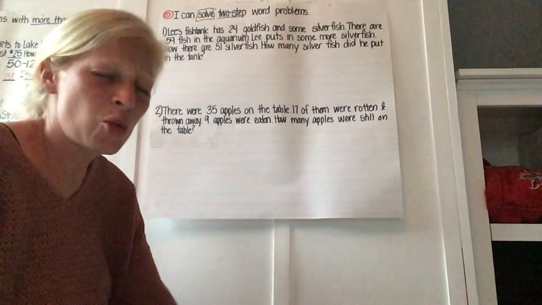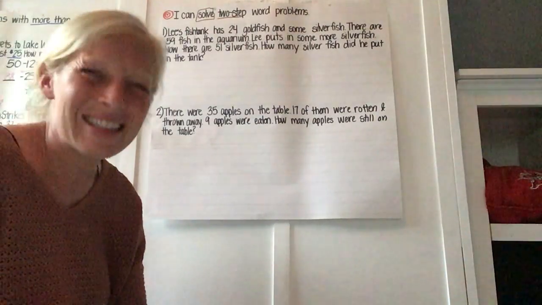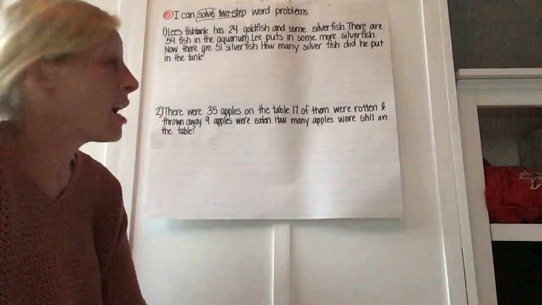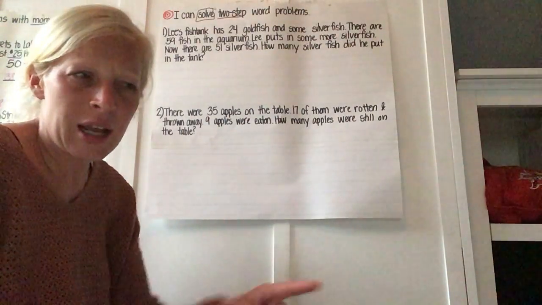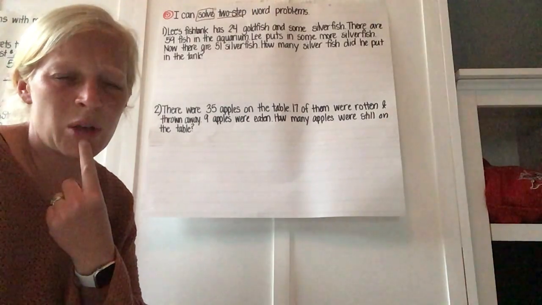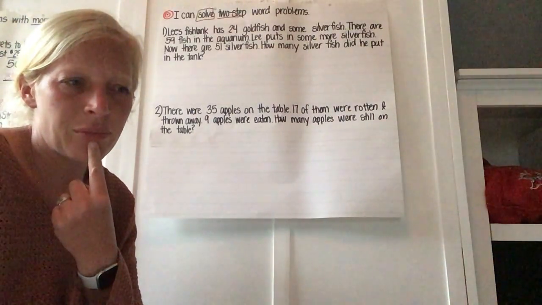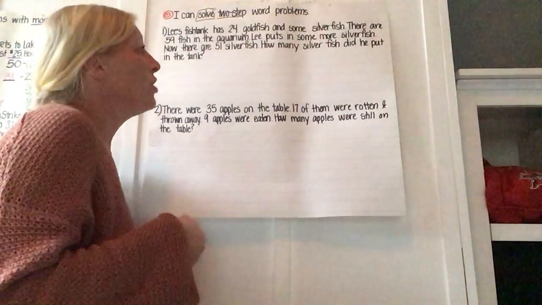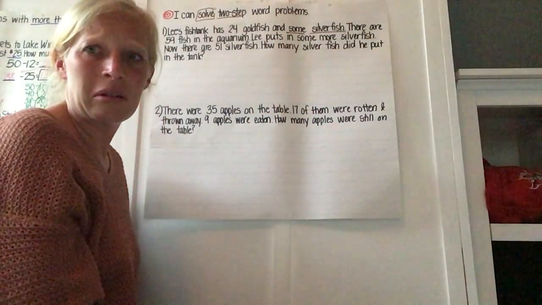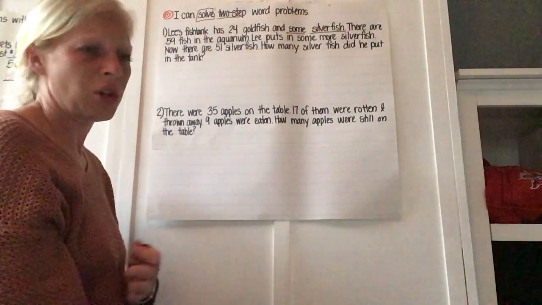His fish tank has 24 goldfish and some silverfish. And there are 59 fish in the aquarium. Can I have all of you write the equation that might match that work? Because what do we not know? Yeah, we don't know how many the some silverfish is. So what would that equation look like?